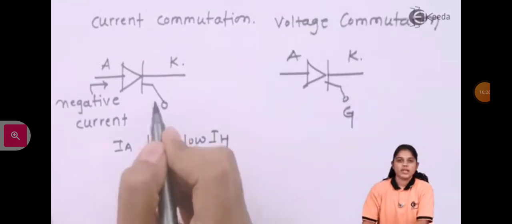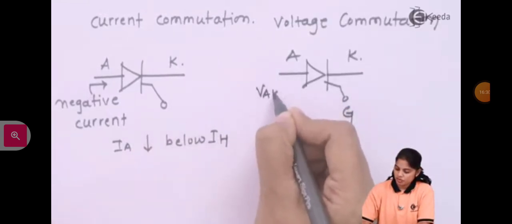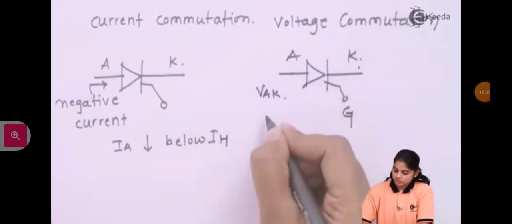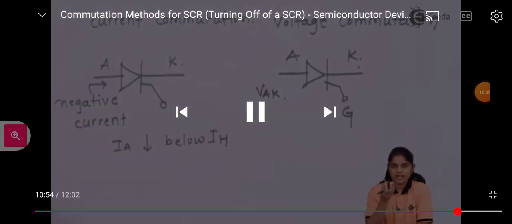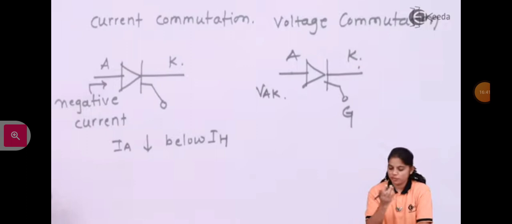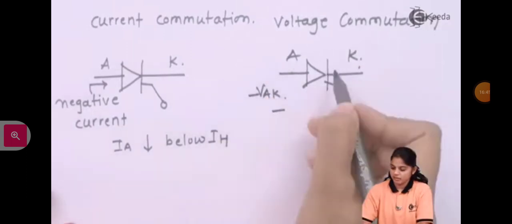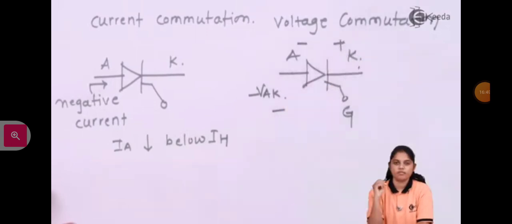Whereas in voltage commutation, you bring VAK, the voltage across anode to cathode, to a reverse voltage, or we can say you use external circuitry which will provide the negative voltage, that is negative VAK, and then it will become reverse biased and automatically come to the off state.